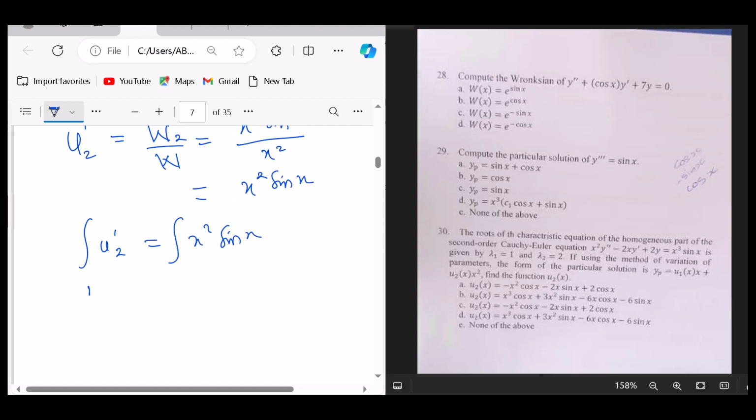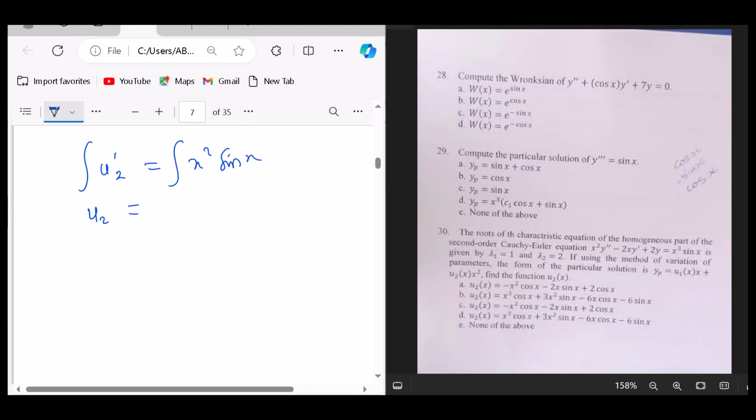Integrating this, we just get u2 equals, but here we have to use integration by parts. So I can just write x squared sin x, then 2x, 2, 0 in one column, and negative cos x, negative sin x, cos x in the other, and the signs go plus, minus, plus.